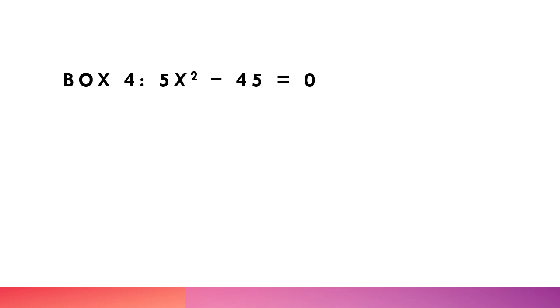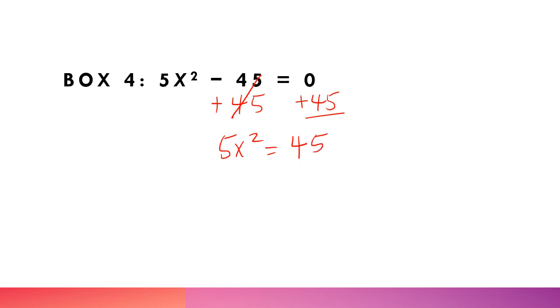All right, so on this one, you have two ways of solving this. You can go ahead and factor out the GCF first, or you can go through and add, subtract, and divide. It really doesn't matter. So for the sake of formality, we're just going to go through the traditional. We're going to add 45 to both sides. And that leaves us with 5x squared equals 45.